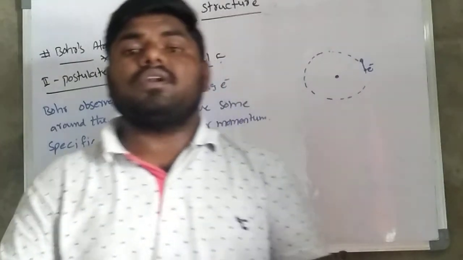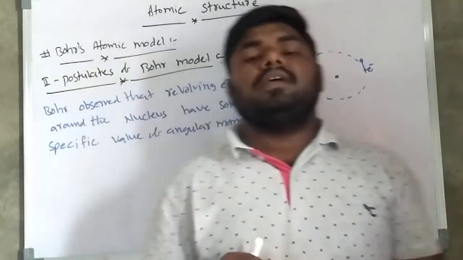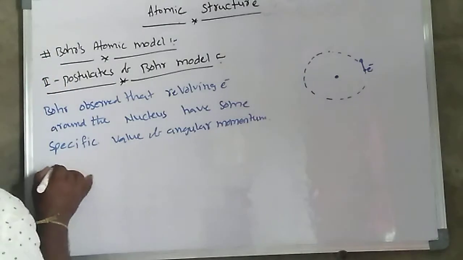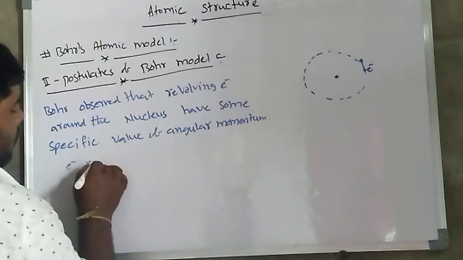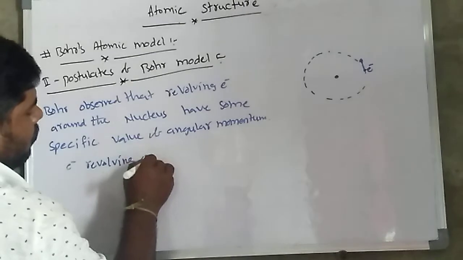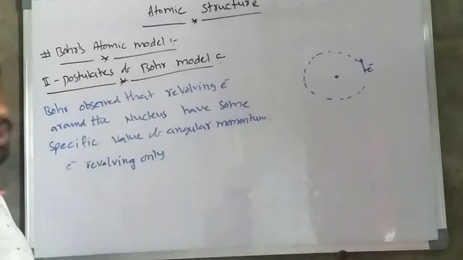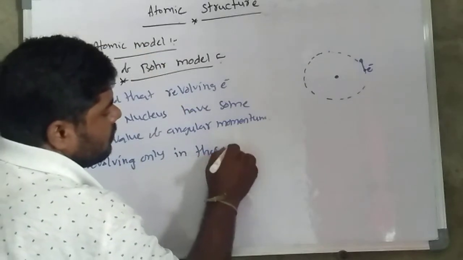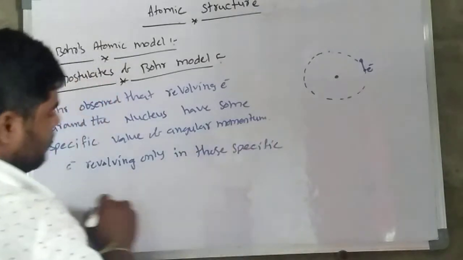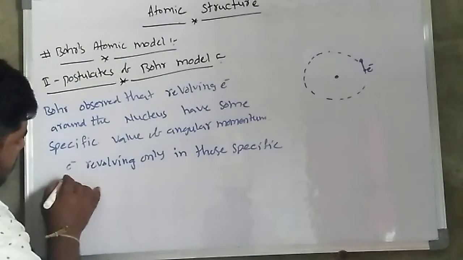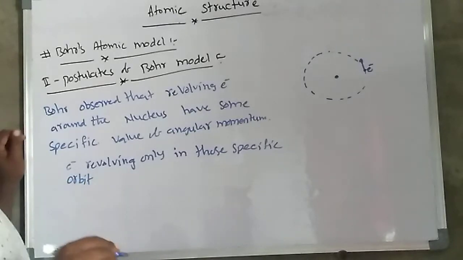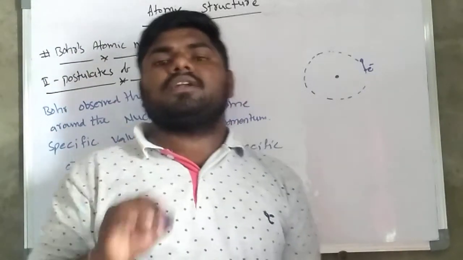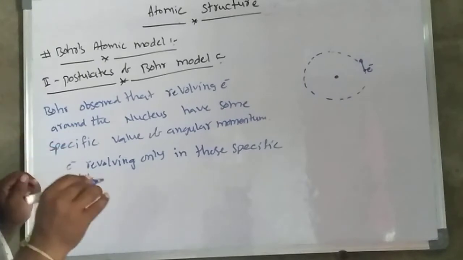The electron revolves only in those specific orbits in which the angular momentum of the electron is quantized.